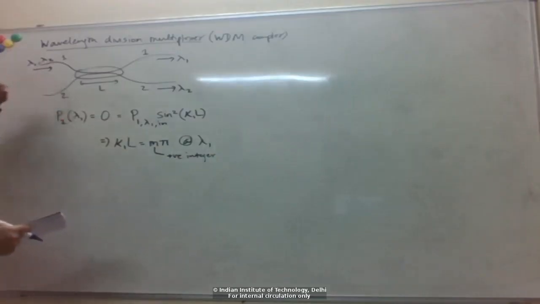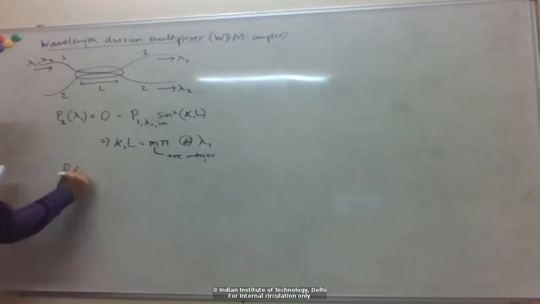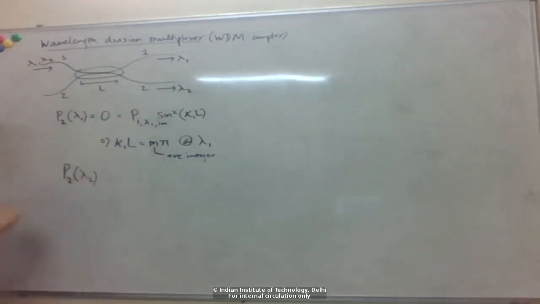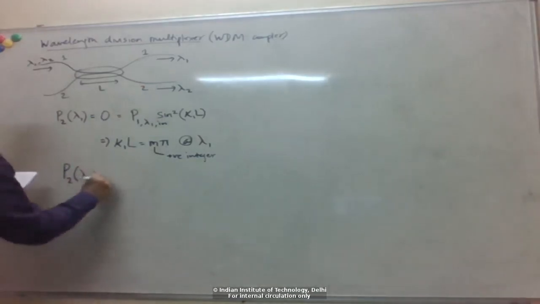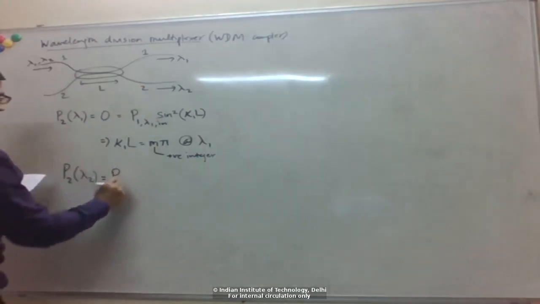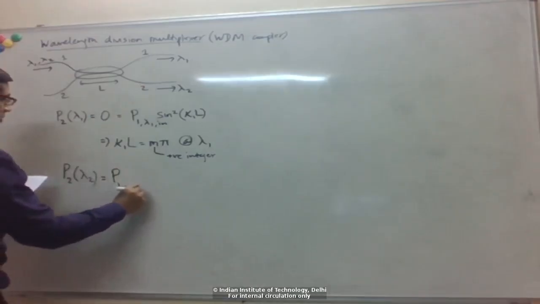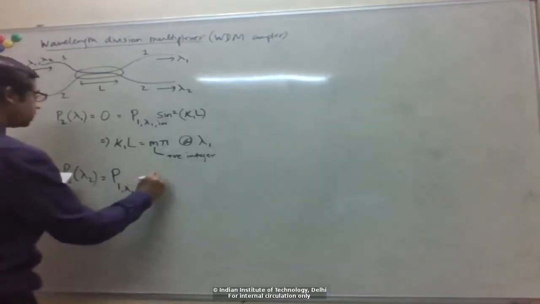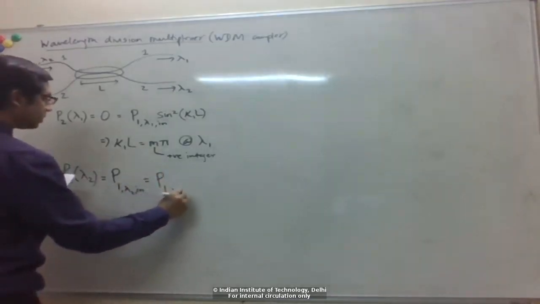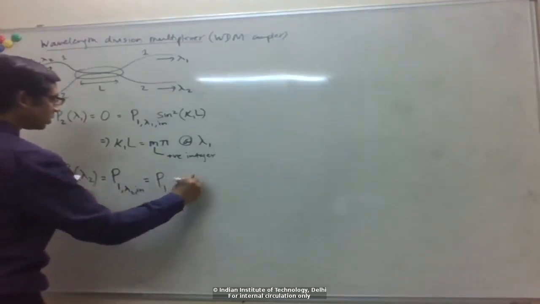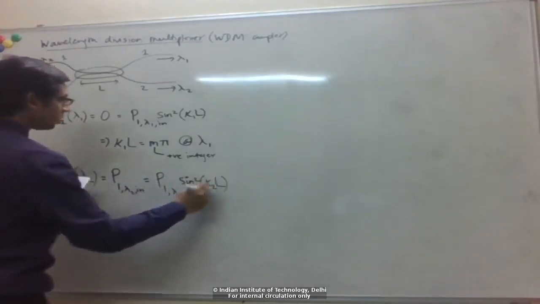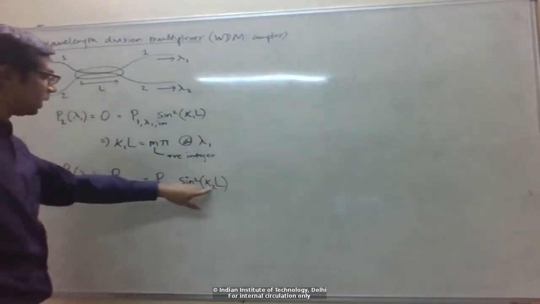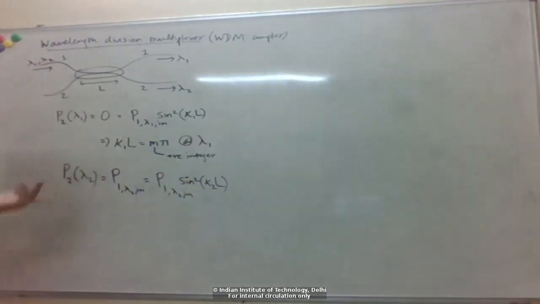And now for lambda 2, we want it to come out of port 2 only. So the power coming out of port 2 at the wavelength lambda 2, we want to be equal to the input power from here at lambda 2. Now the power here will be sine square of kappa 2 times L, where kappa 2 is the coupling coefficient at lambda 2.